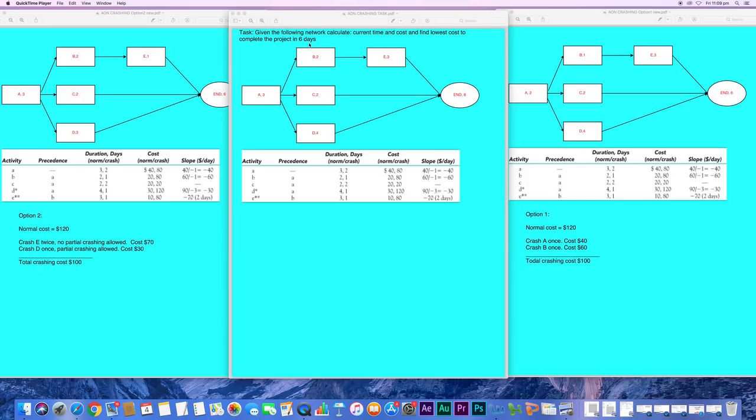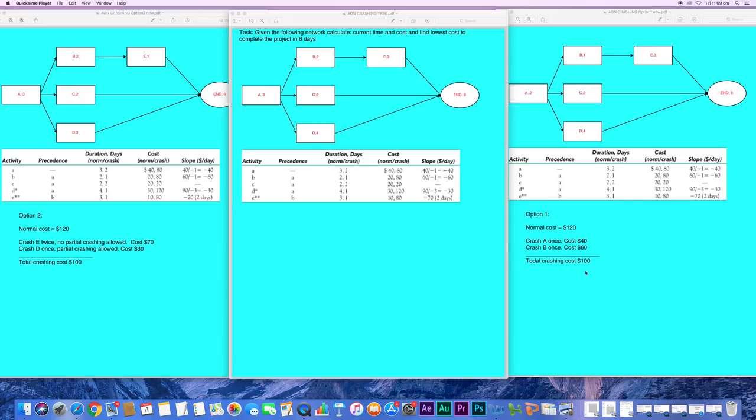Okay, so what's the first option? Let's go by option A, reduce A, so what's the crash cost? That's 40. And reduce B. What's the crash cost? It's 60. Okay, so altogether, total crashing cost is 100. Normal cost is 120.